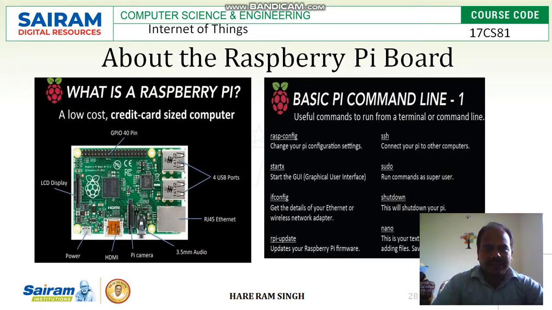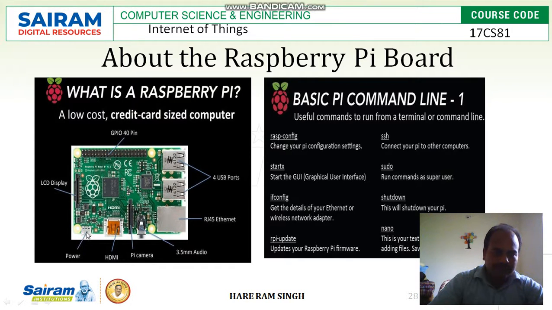This is the Raspberry Pi board. You can see that it is a credit card size computer. It is a low cost credit card size computer. It will have 40 GPIO pins. This is the architecture, you can say. It has an LCD display. Here the LCD display is there.